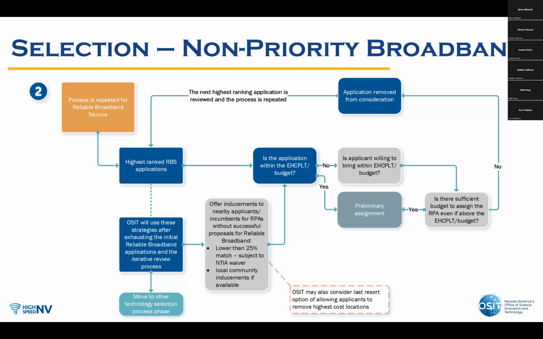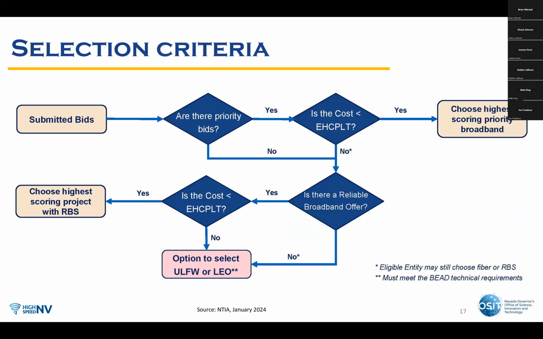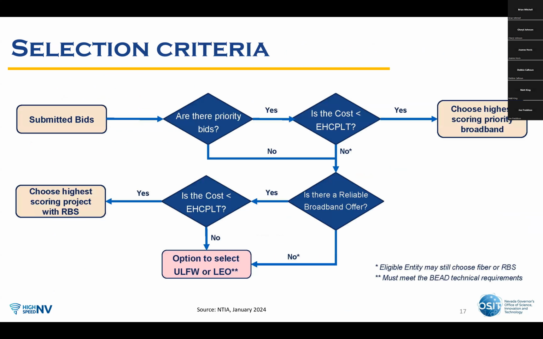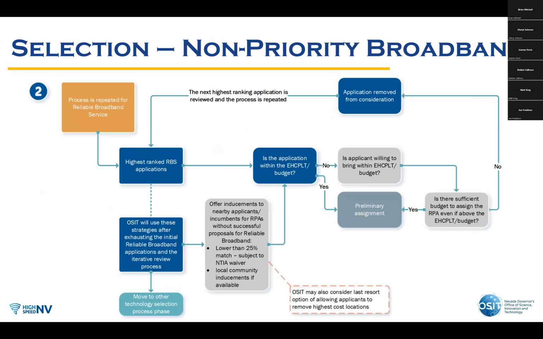And that is as defined by NTIA, as you will recall, in the prioritization, that would be unlicensed fixed wireless and low Earth orbit satellite. That is the last resort that you see here in the pink box, in the event that there are no priority applications that are affordable or within budget, and no reliable broadband service applications that are affordable and within budget.